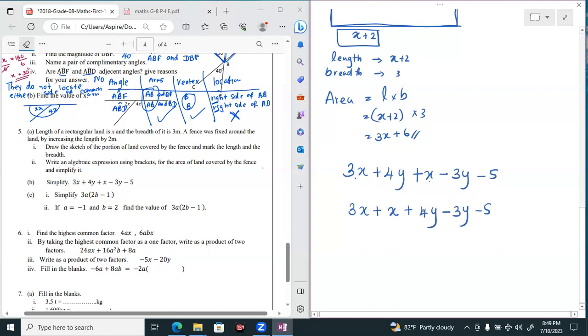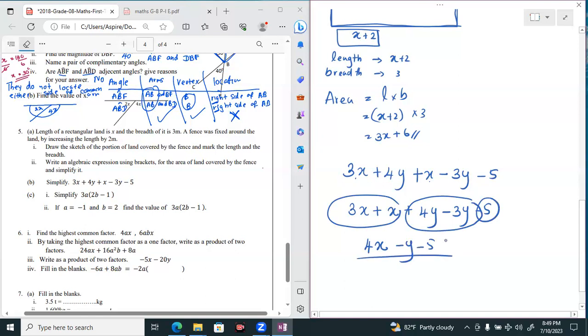Be careful that when you take the like terms near to each other, you should take them with their sign also. So 3x and x is added, then it becomes 4x. 4y subtract 3y, that means answer is y. Then here minus 5, we can't simplify this further.